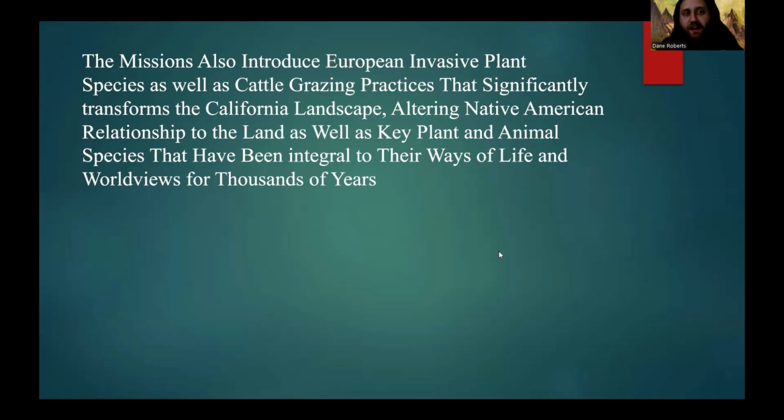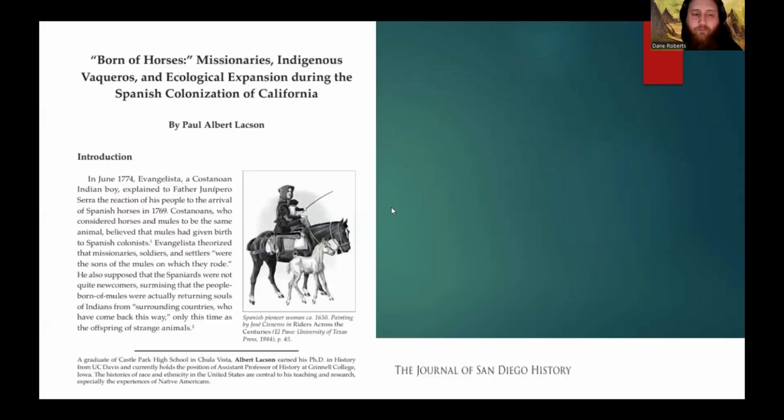Now, that being said, the missions also introduced European invasive plant species as well as cattle grazing practices that would significantly transform the California landscape and alter the Native American relationship to the land, as well as key plant and animal species that had been integral to their ways of life and worldviews for thousands of years.